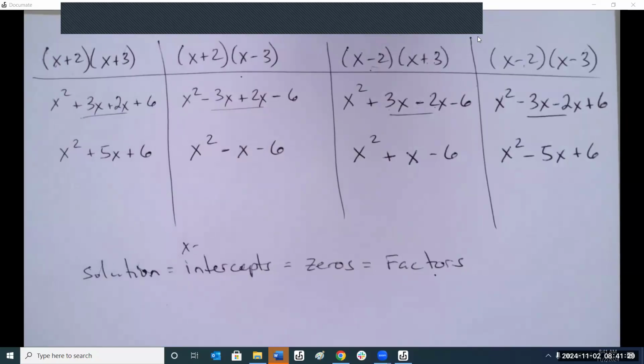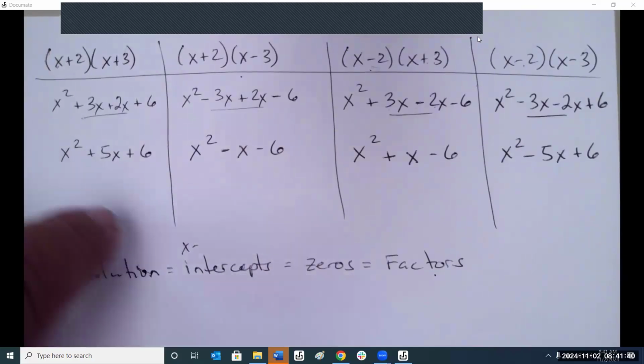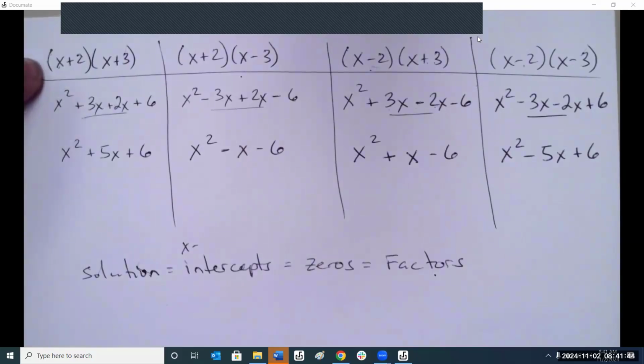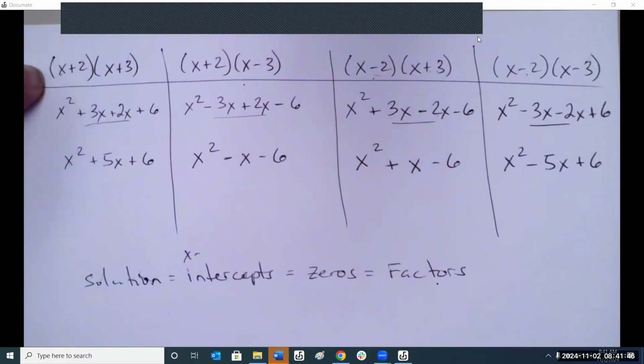That's called distributivity. That's if I give you the intercepts. If I give you the solutions, you can tell me the polynomials they came from. Think about this. Where did x plus 2 come from?